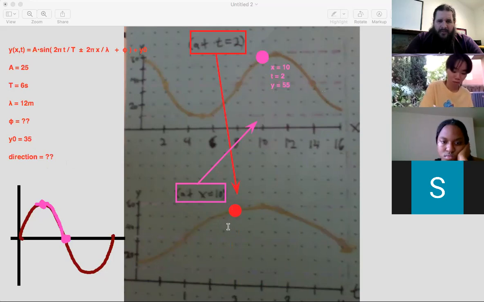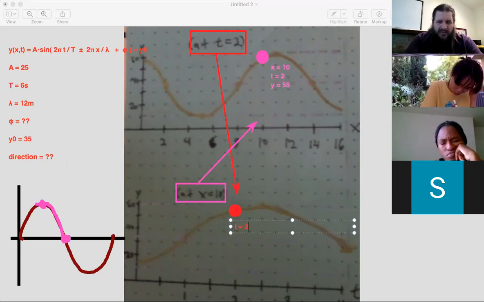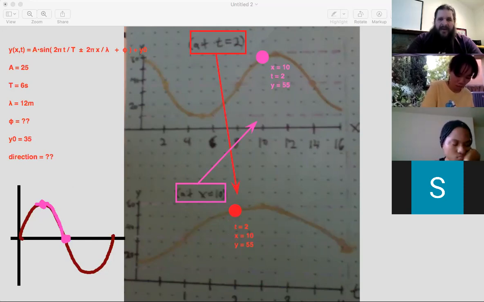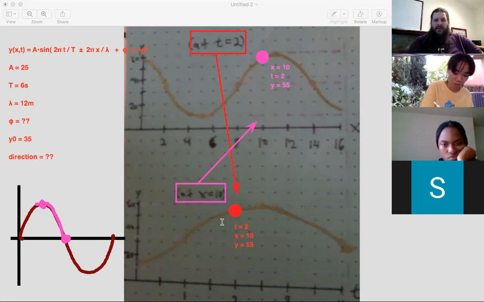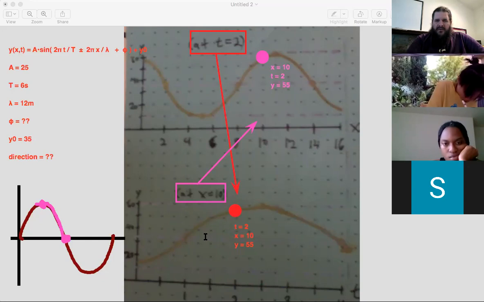Whereas if we look at the other point, this point on the t graph has a t coordinate of 2, an x coordinate of 10, because the whole graph is at x equals 10, and a y coordinate of about 55. So even though these points look different, they represent the same information, they have the same coordinates, they're the same point, even though they are drawn in different ways. Any questions on comparing those 2 points so far?